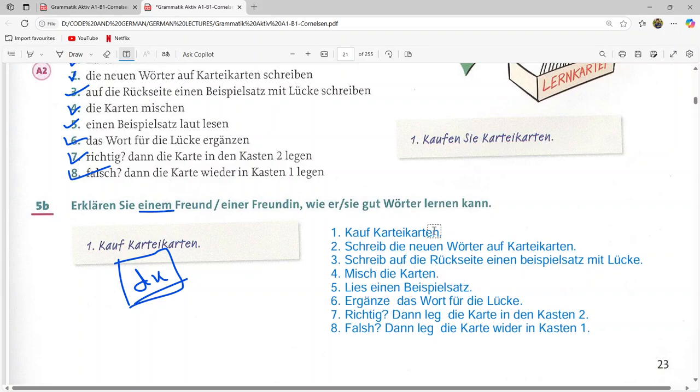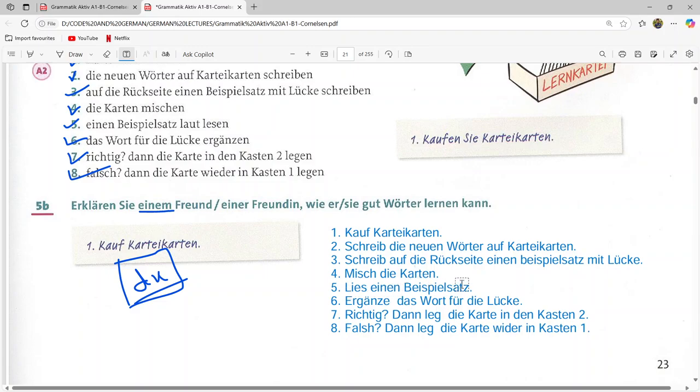Okay, so everything I have written in the du form. Kauf Karten, buy flashcards. Schreib die neuen Wörter auf die Karten. So, write down new words on the flashcards. Schreib auf die Rückseite einen Beispielsatz mit Lücke. On the back side, write an example sentence with a gap. Misch die Karten, so mix the cards or shuffle the cards.